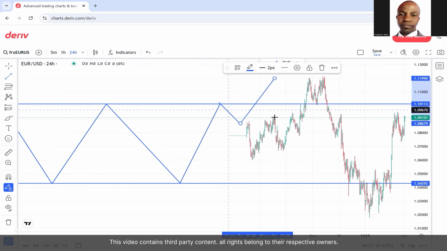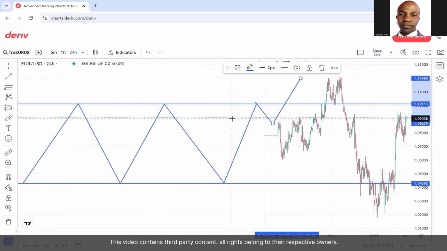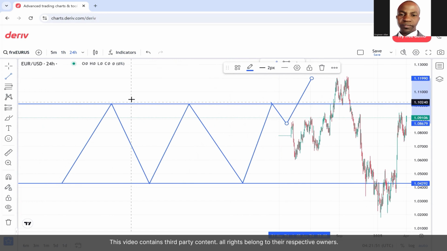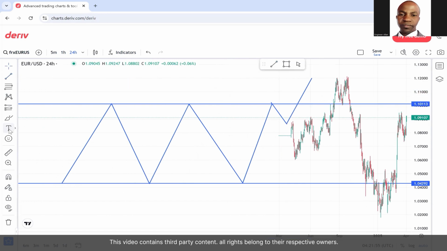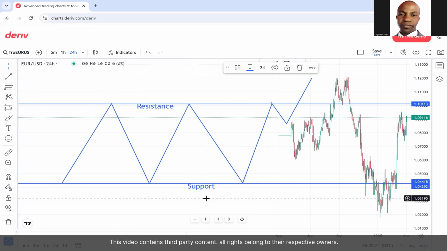So what is the condition for entry here? On the upper side we have the resistance, and the lower side is support. The market operates between these two zones, support and resistance.